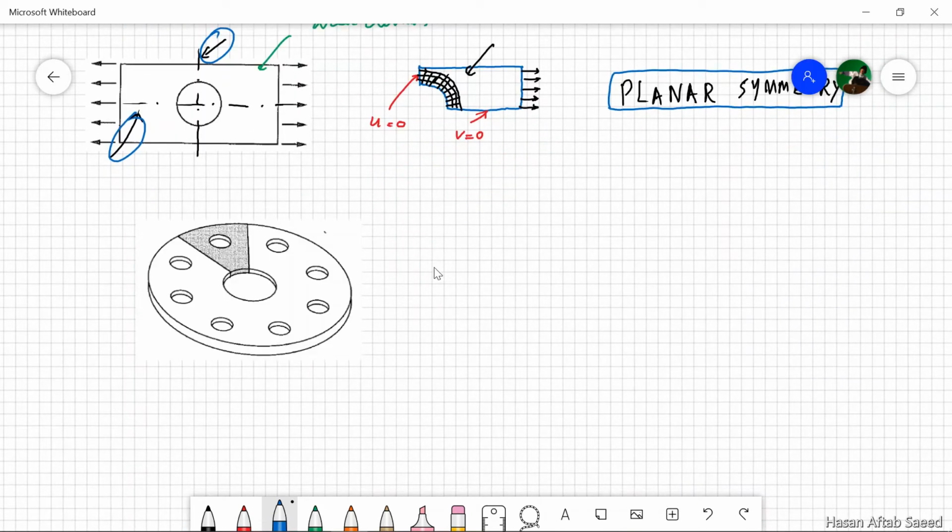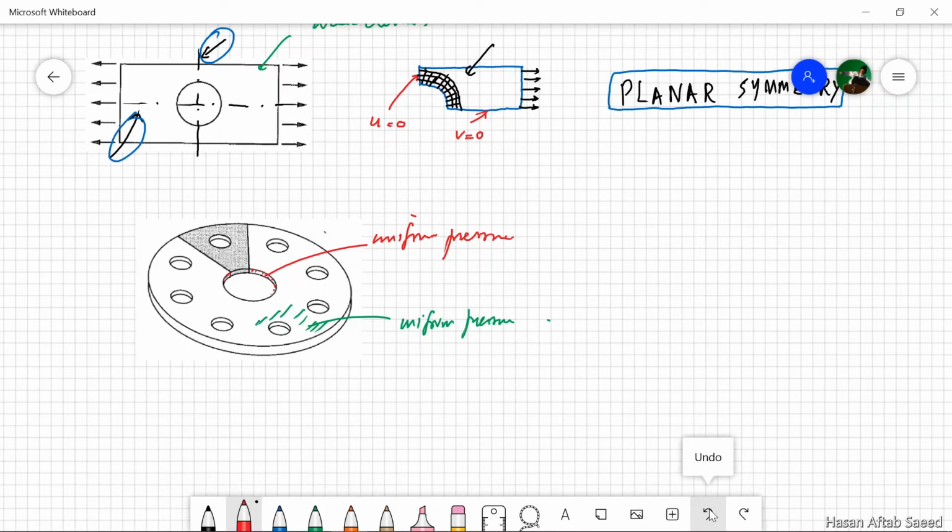Now consider this problem. Let's say there's some internal pressure throughout this inner surface, and there could be again some pressure on this face also. Uniform pressure here, and again uniform pressure. Now, this is not an axial symmetry problem or an axisymmetric problem, because there is no plane that you can just sweep around 360 degrees and get the problem in 3D.